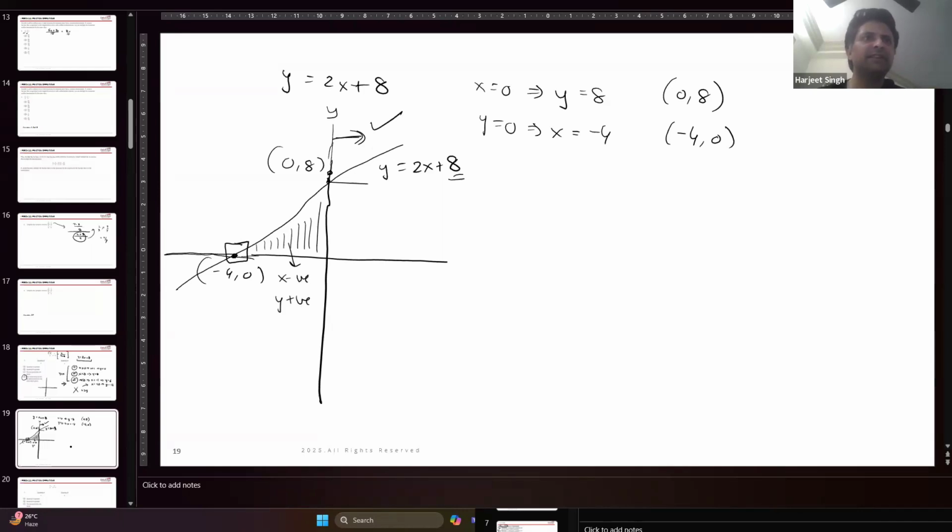So y will again be greater than x. But this is the region where it can flip, and that is beyond x equal to -4. It could flip beyond this. And that's where we need to be careful.